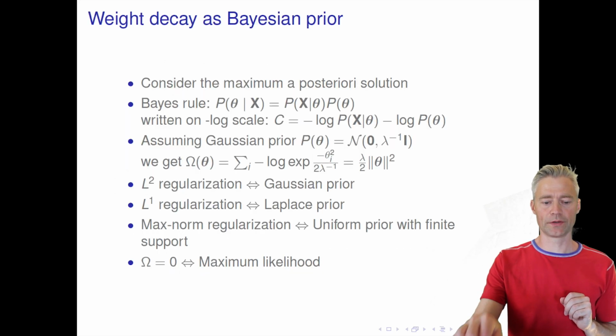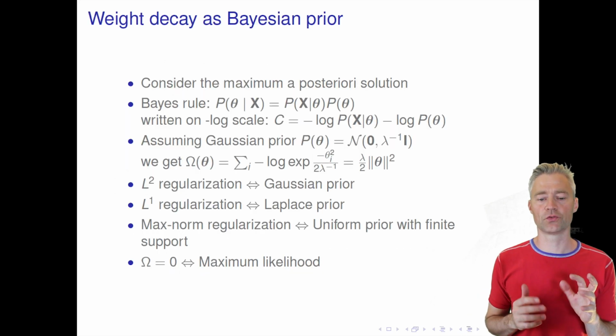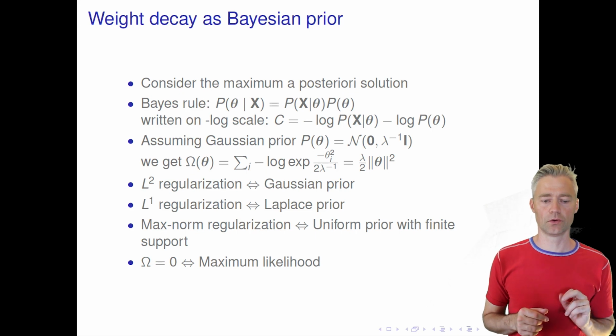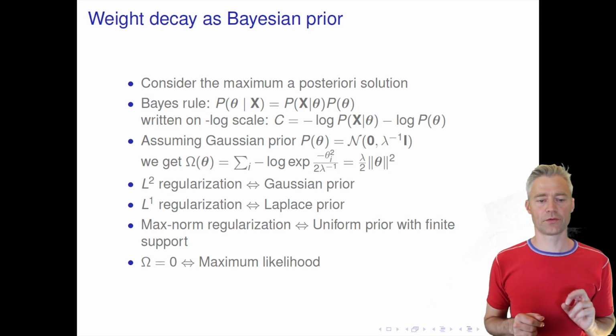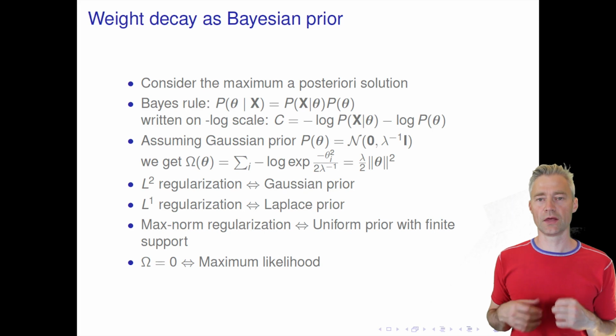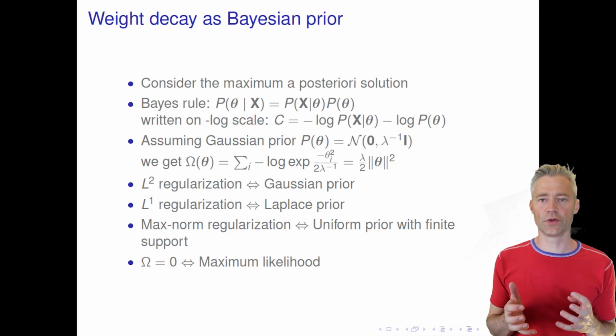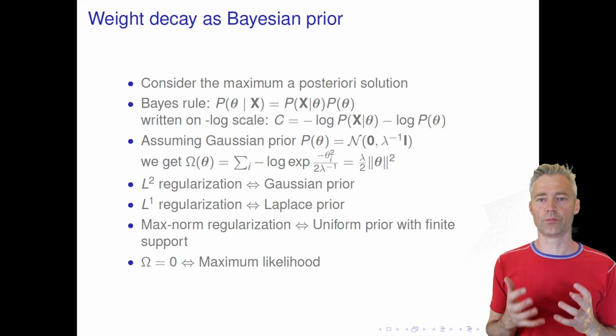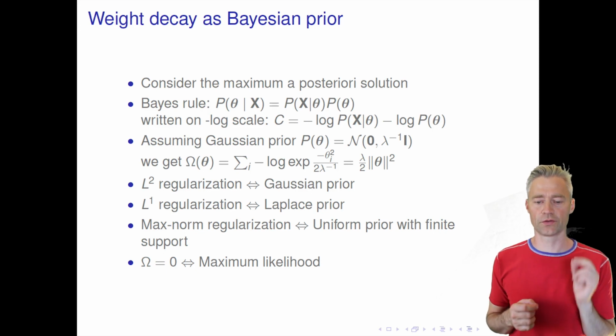Yes, here's a little bit of discussion about the connection between Bayesian inference and these regularization methods. This is a somewhat vague connection, because a Bayesian would, as I said earlier, integrate over the parameter space when making predictions and not look for a single point.